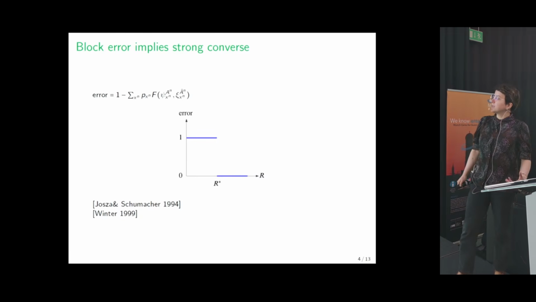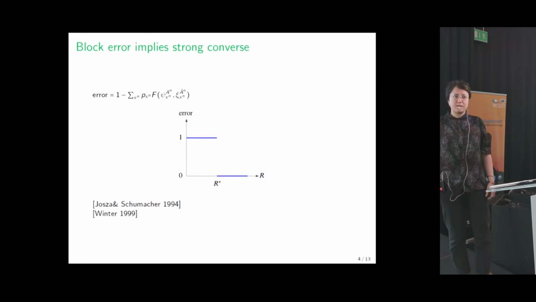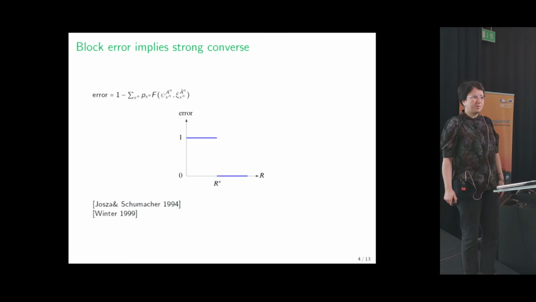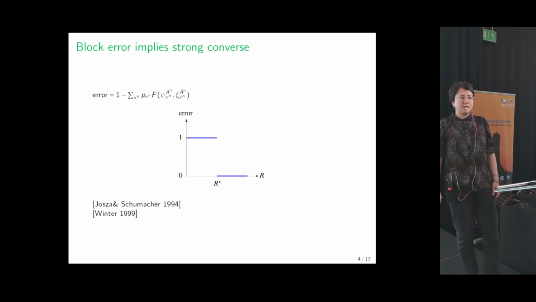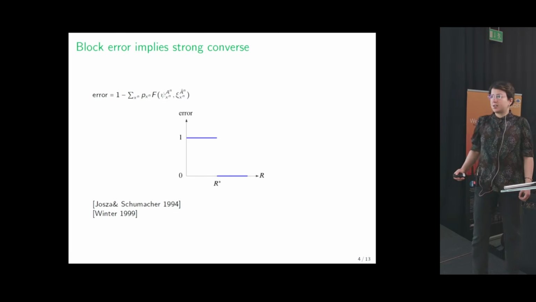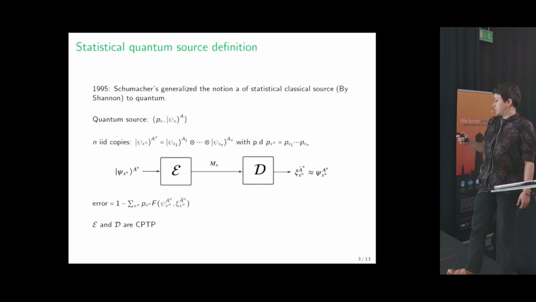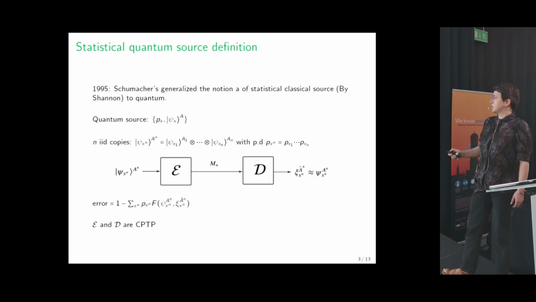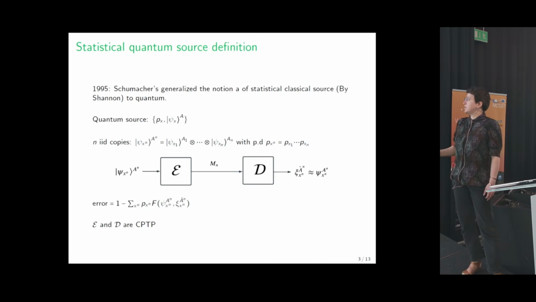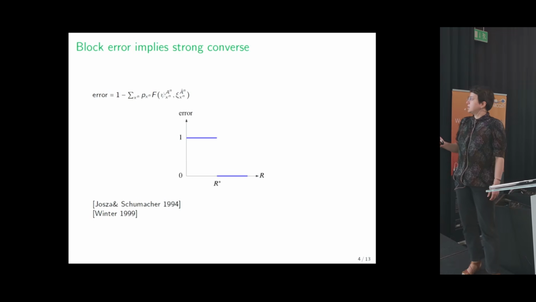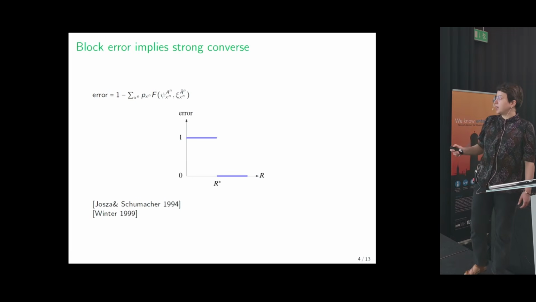Before talking about rate distortion, I would like to mention a peculiar behavior. I said that we can define the error or distortion for the output states, but if we look at the fidelity between the whole input sequence and the output sequence, there is a very interesting behavior in the error.